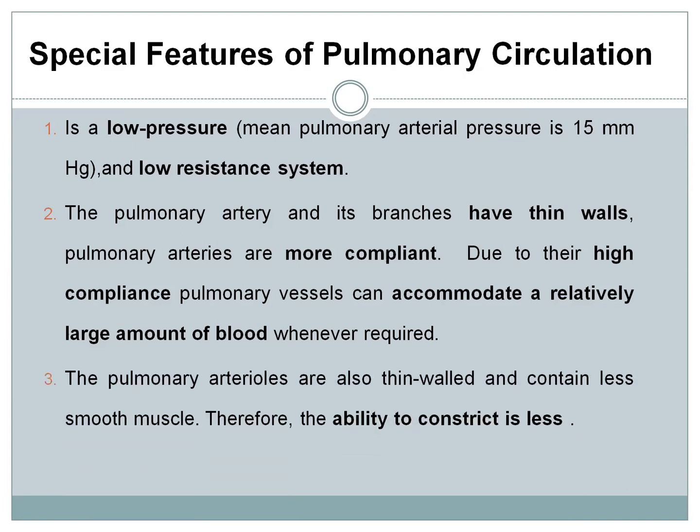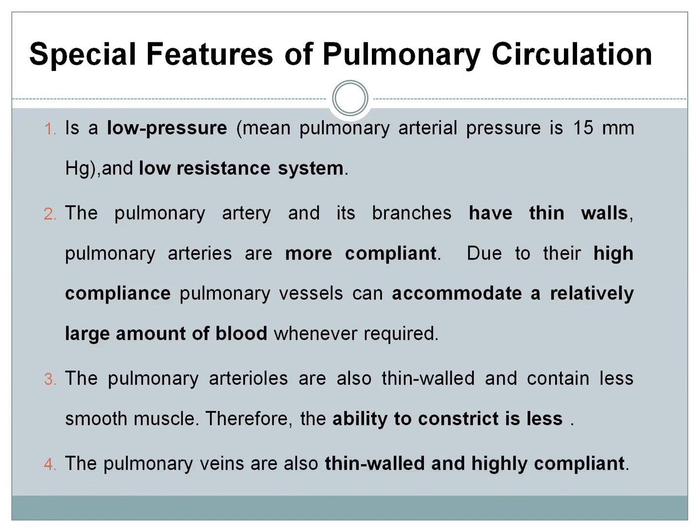The arterioles are also thin walled and they contain less smooth muscle. And if there is less smooth muscle, the ability to constrict is less. That is why most of the time they will be seen as dilated. The pulmonary veins are also thin walled and highly compliant.